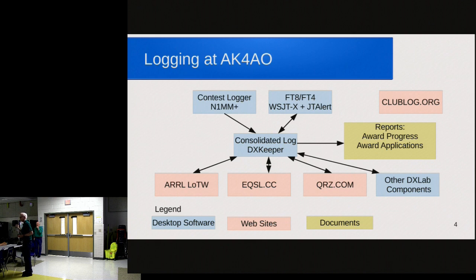And I'd like to know, did I already send that fellow a QSL card or not? Well, if your only log is not consolidated, then you have to go back and find it and load it back into N1MM or whatever, and so on. So I like to get all of my contacts consolidated for that reason.